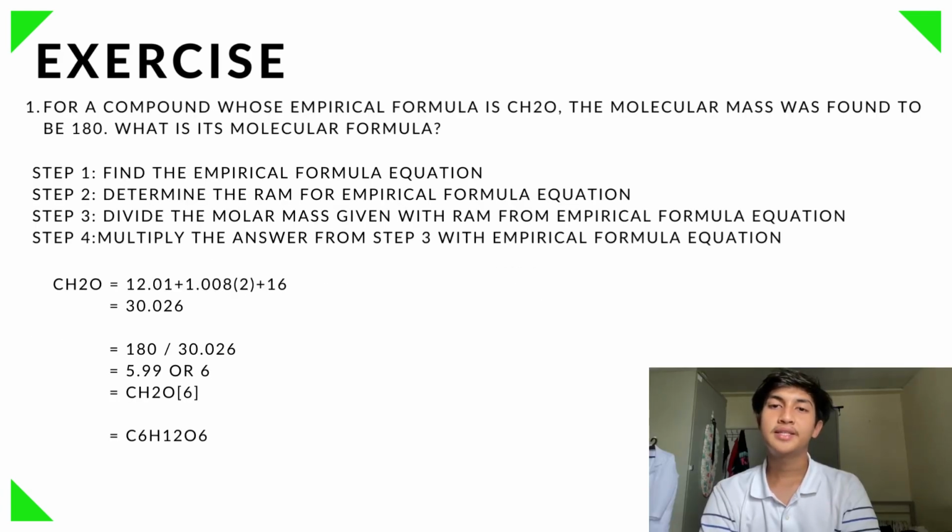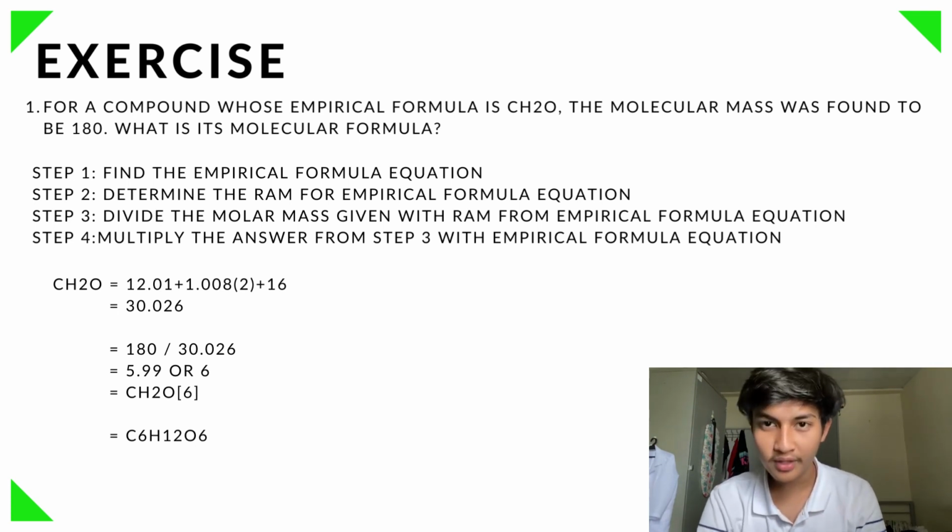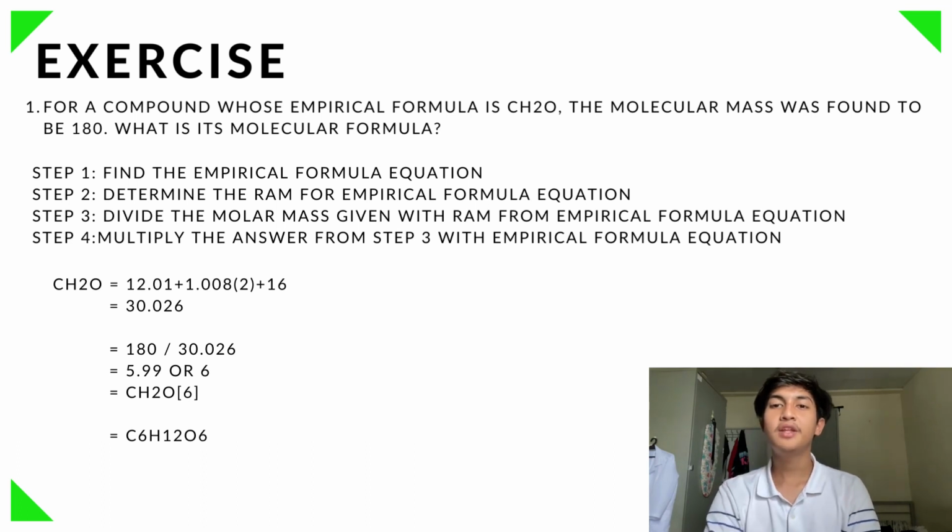So let's do the last exercise. For a compound whose empirical formula is CH2O, the molecular mass was found to be 180. What is the molecular formula? I've created steps that you can follow. Step 1, find the empirical formula, and step 2, determine the RAM for the empirical formula. Step 3, divide the molar mass given by the RAM of the empirical formula.